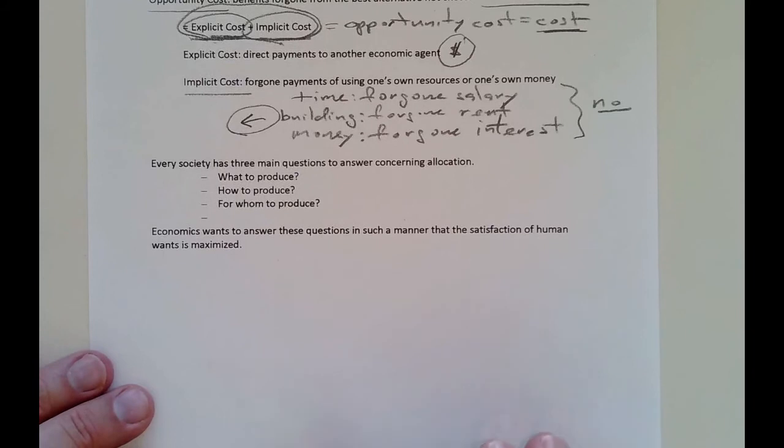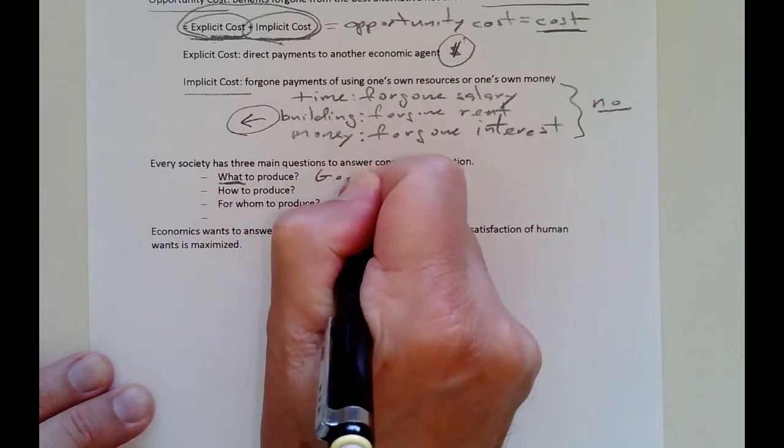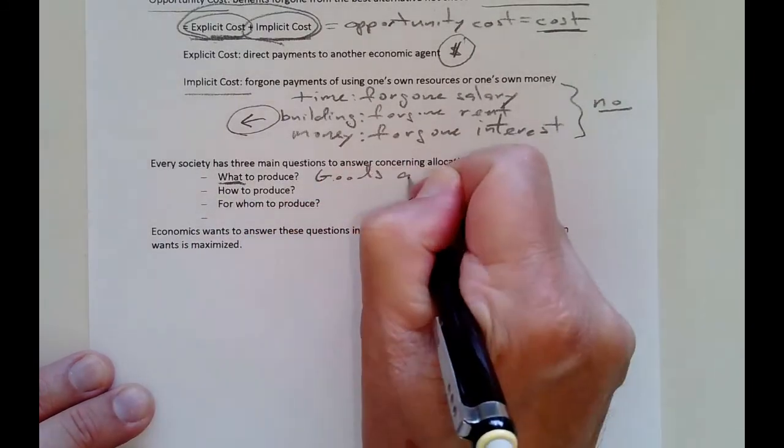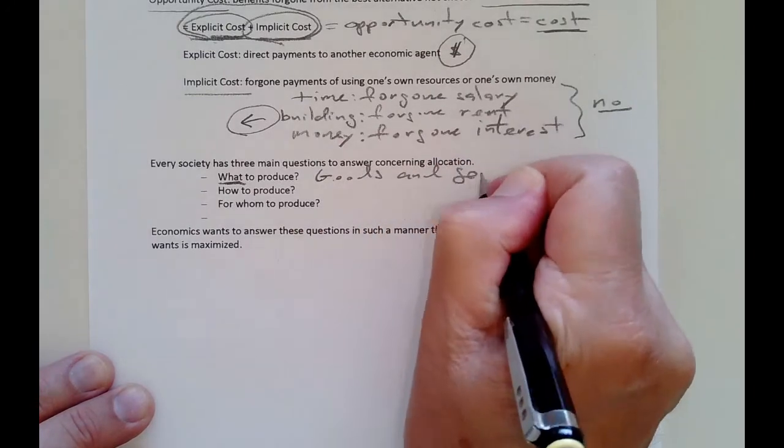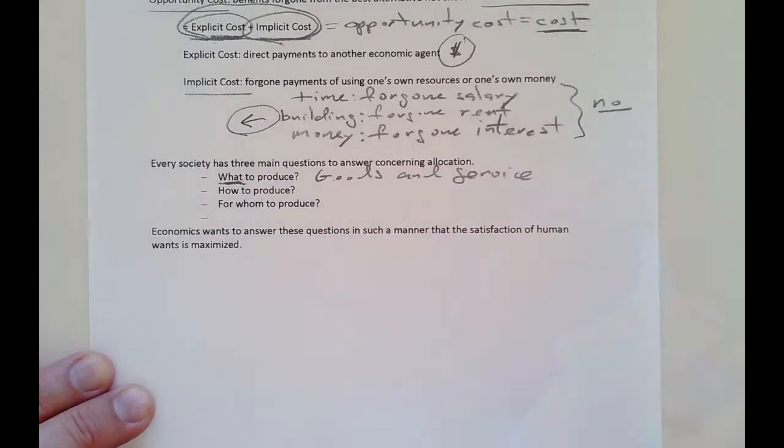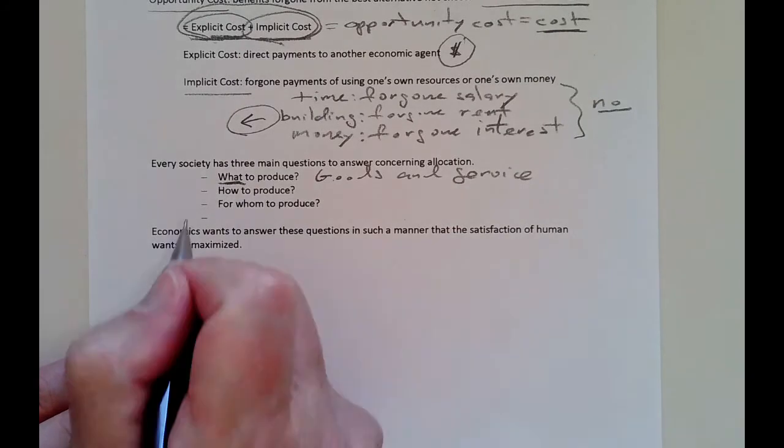every society has to make decisions about how they're going to allocate their resources to decide three things: what they're going to produce, those are the goods and services that we're going to produce. So we have to decide if we're going to be making trucks or tractors or cars or growing apples or making pizzas. And then we have to decide how we're going to produce these things.